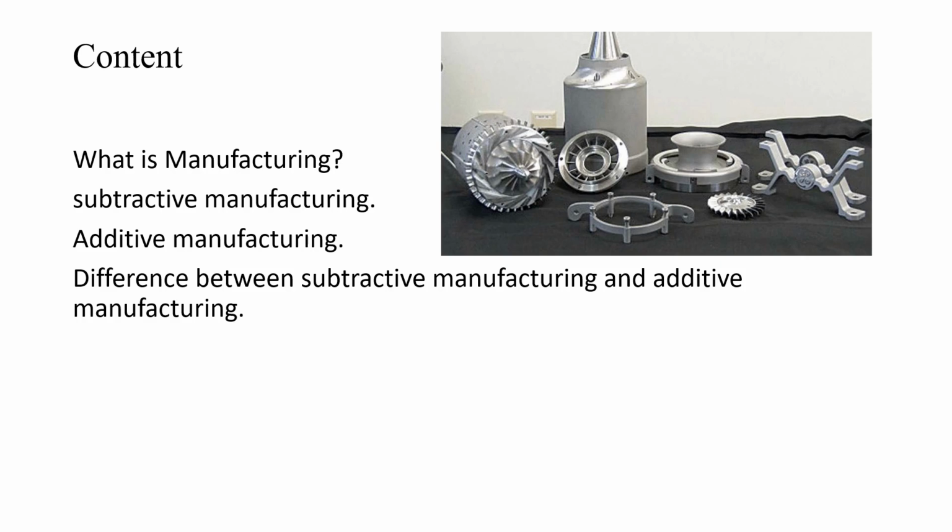So what we are going to discuss in this topic is additive manufacturing, and we will see the difference between these two types of manufacturing processes. So these are the topics that we're going to discuss in today's class.